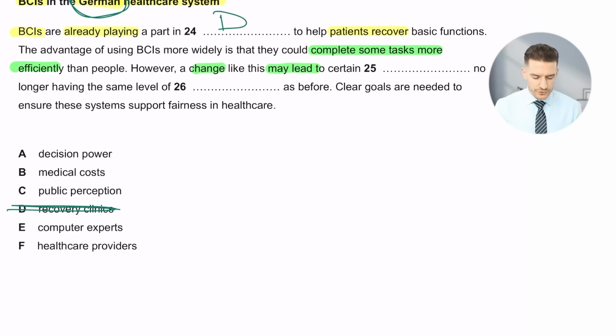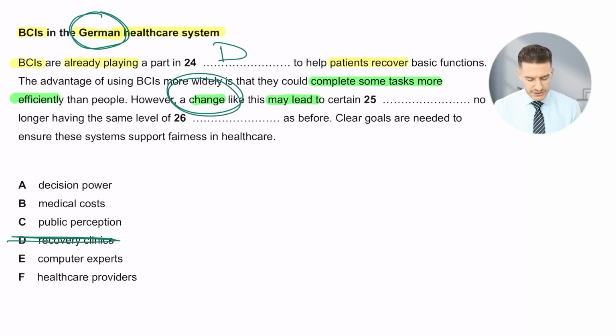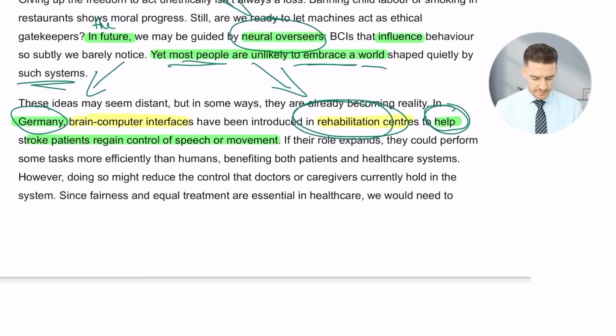So we might be able to do these two together. We're looking for certain something not having the same level of something. So let's go back up and see if we can find the effect of this change. Remember, we're looking for this change here.